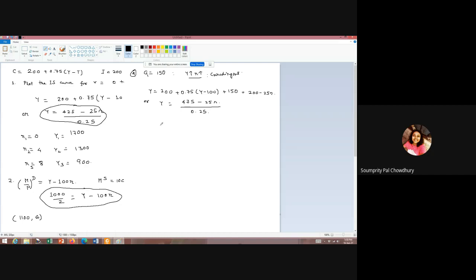Okay. So what is the equation? If we write it in the Cramer's rule form, 0.25Y plus 25R is equal to 475, and LM is Y minus 100R equal to 500. So what is Y star?